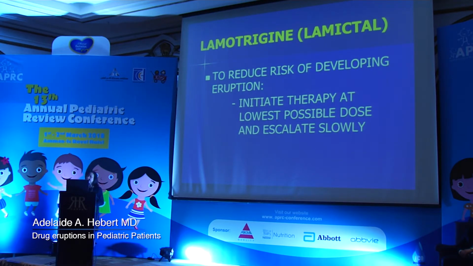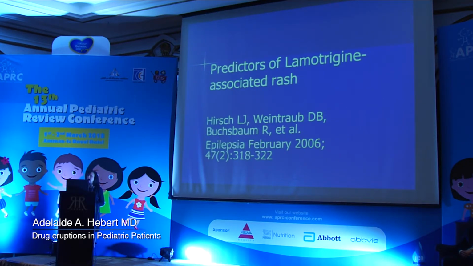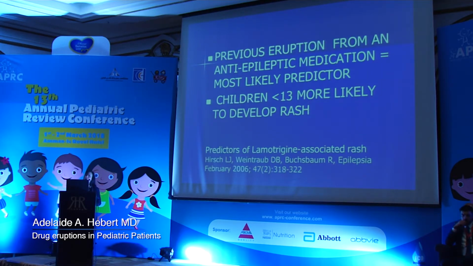We talked about starting the drug at the lowest possible dose. That is key. We also have mentioned predictors of the likelihood of getting a lamotrigine eruption. If the patient has been on another aromatic anticonvulsant agent, their risk of having an eruption on lamotrigine is more likely.